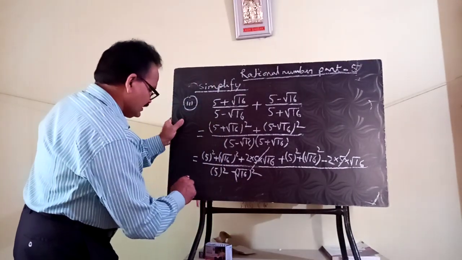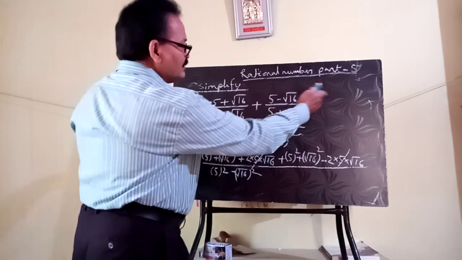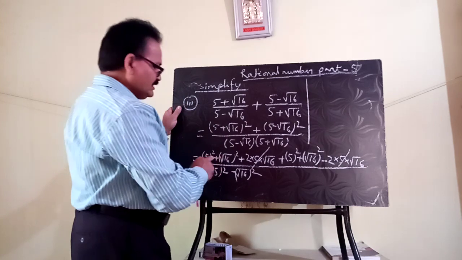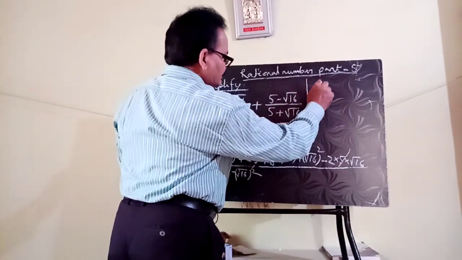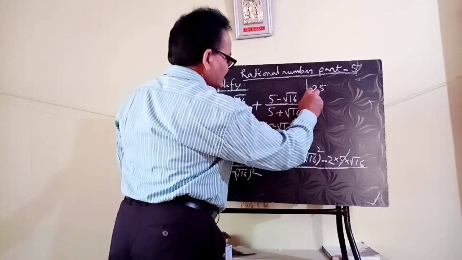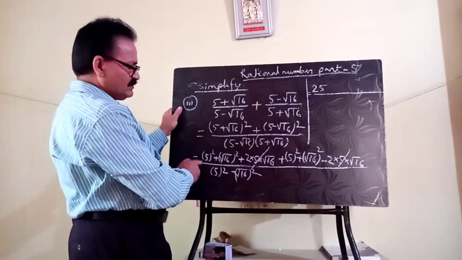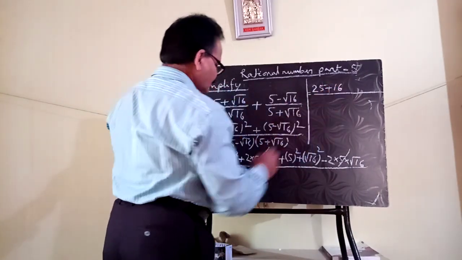You see here, on this part, when these are removed, 5 square means 25, root 16 square means 16, root is out.